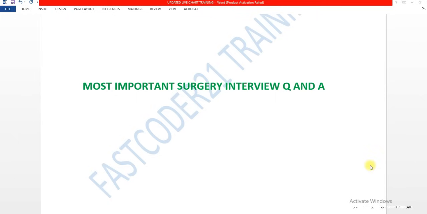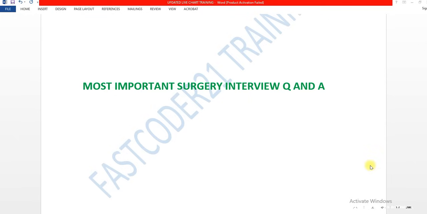What is mandible? Jawbone in the face. What is maxilla? Cheekbone in the face. So maxilla is the top portion of the mouth, and mandible is the lower portion of the mouth.